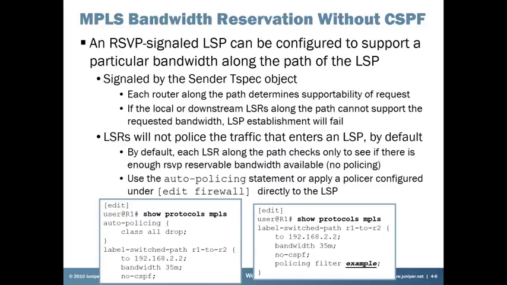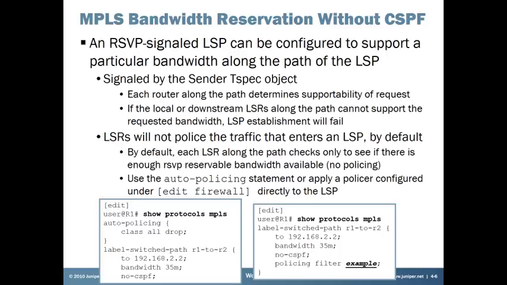So this is the show protocols MPLS. We can put the auto-policing statement in there. Class will drop. In other words, we don't care what class of traffic it is. If it goes over our particular bandwidth, we're going to drop it. Or you could say class best-effort drop.